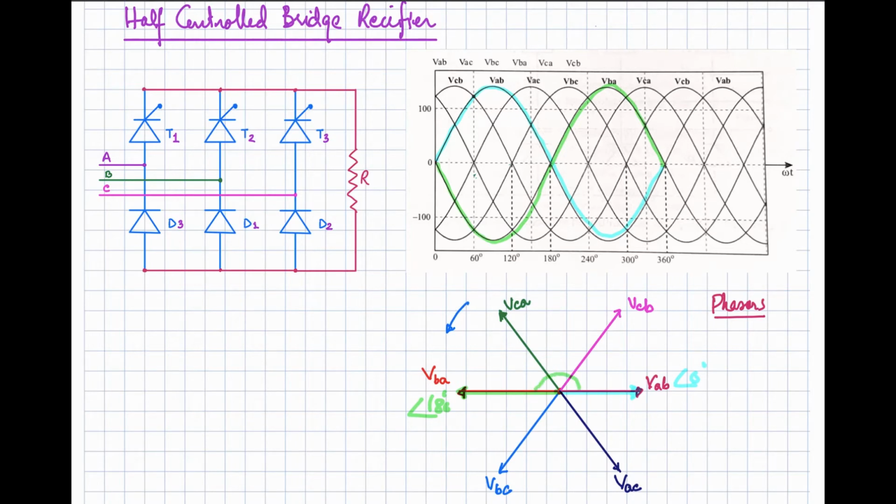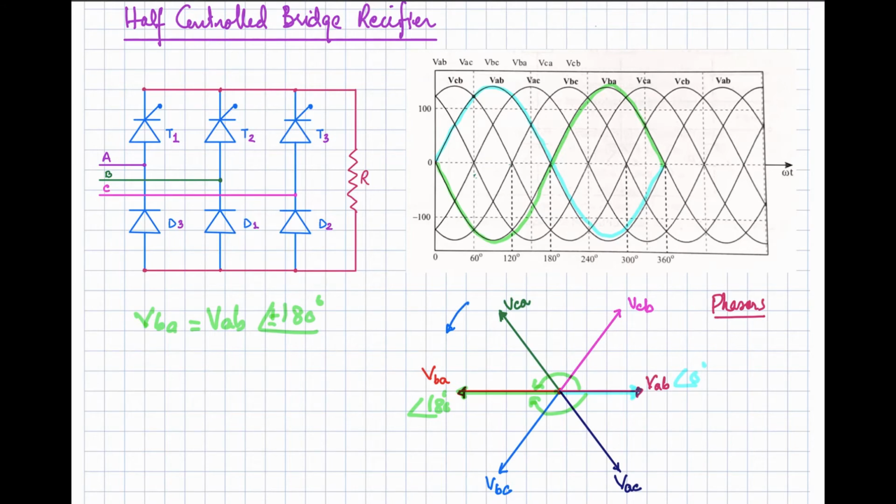Either you come 180 degrees in this direction or in this direction, you will get the out of phase component. So VBA is equal to VAB but with an angle of plus or minus 180 degrees, either in the clockwise or the anti-clockwise direction.